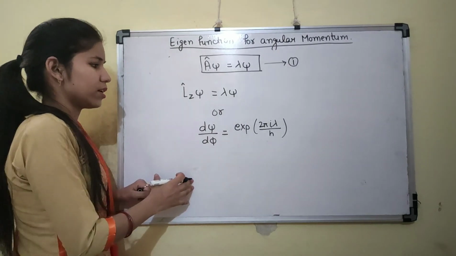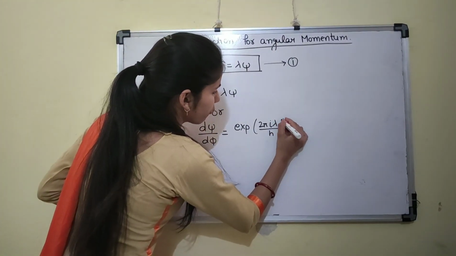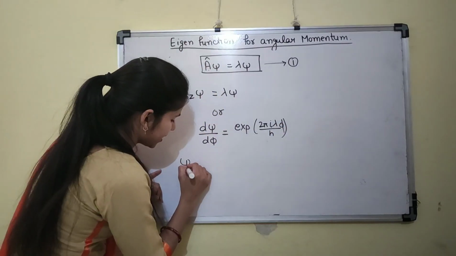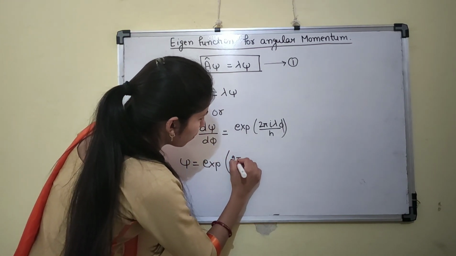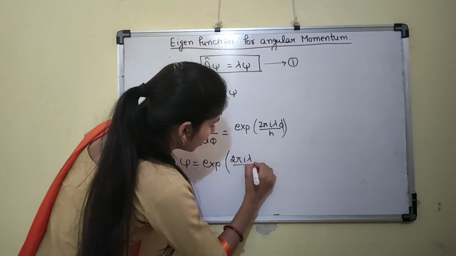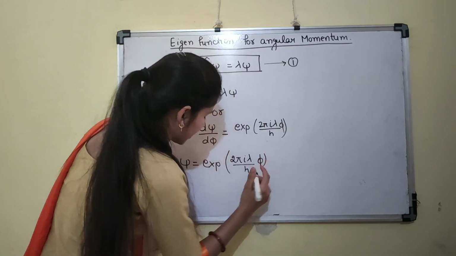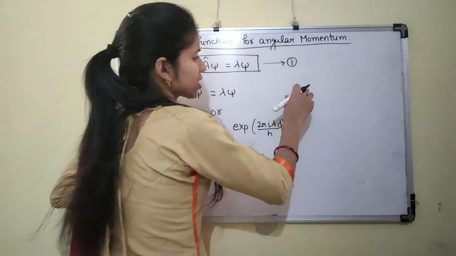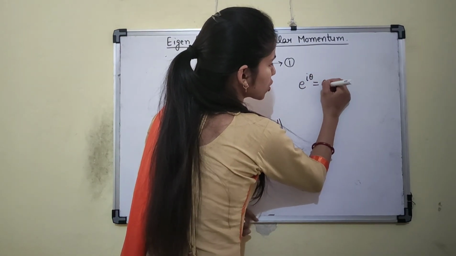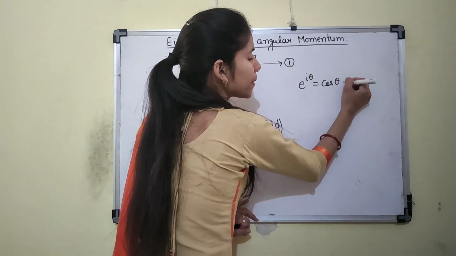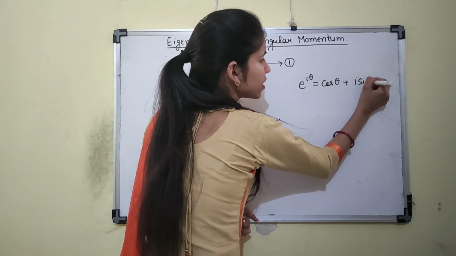So the value of psi is equal to exponential 2 pi iota lambda by h phi, and from mathematics, exponential iota theta equals cos theta plus iota sin theta.